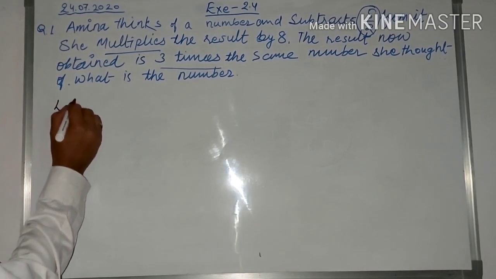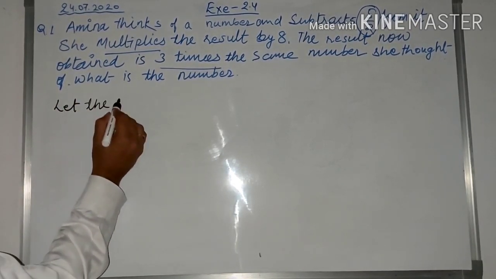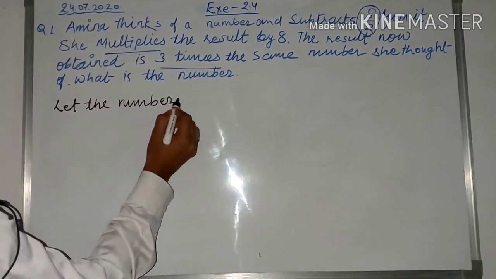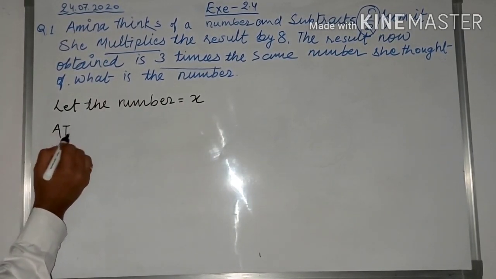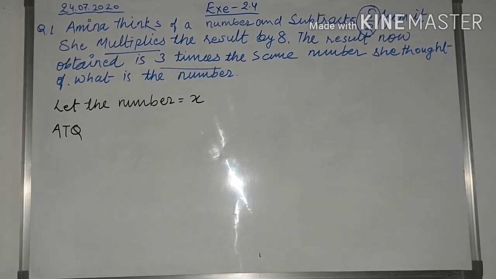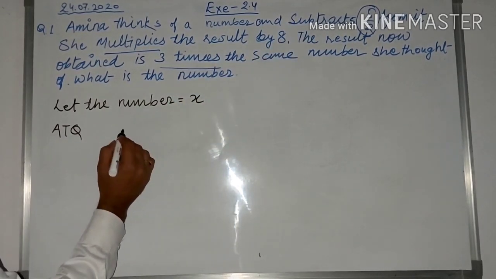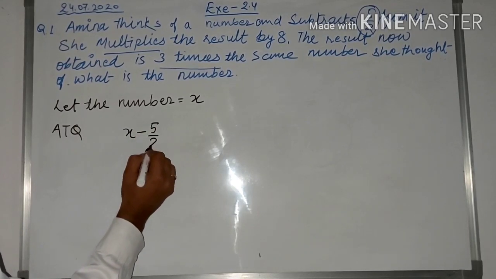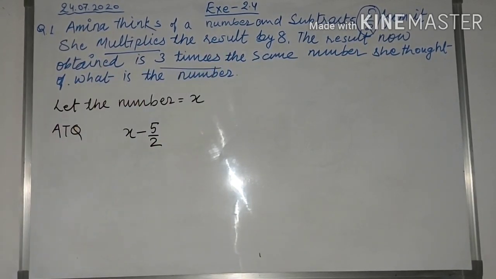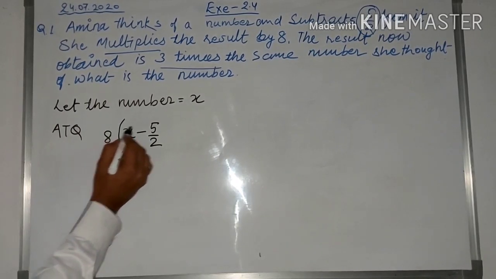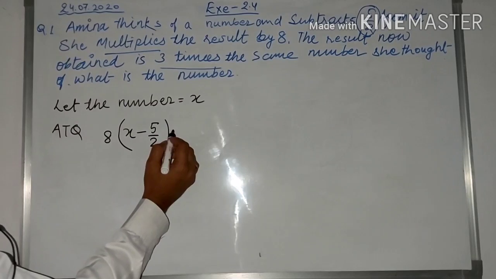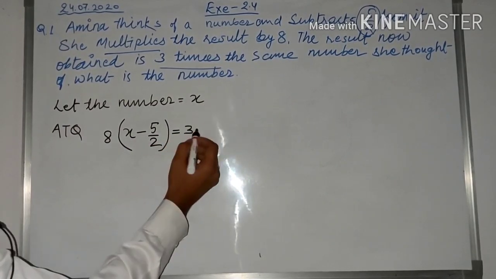Now let the number be x. According to the question, the number minus 5 upon 2, that is x minus 5 upon 2, is multiplied by 8, and the result obtained is 3 times the given number.